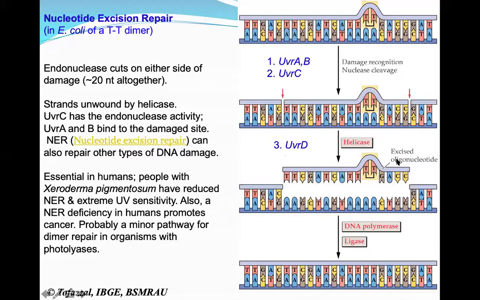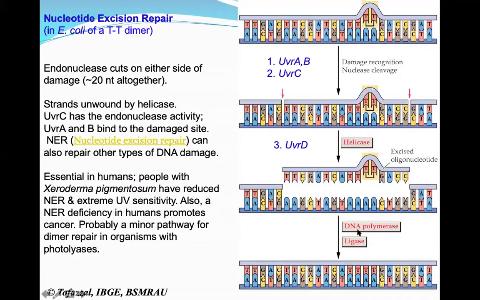And it excises the oligonucleotide. Oligonucleotide means several nucleotides, unwound by helicase. UvrC has the endonuclease activity, and UvrA and B bind to the damaged site. Nucleotide excision repair can also repair other types of DNA damage, so this type of large-scale surgery can take place.